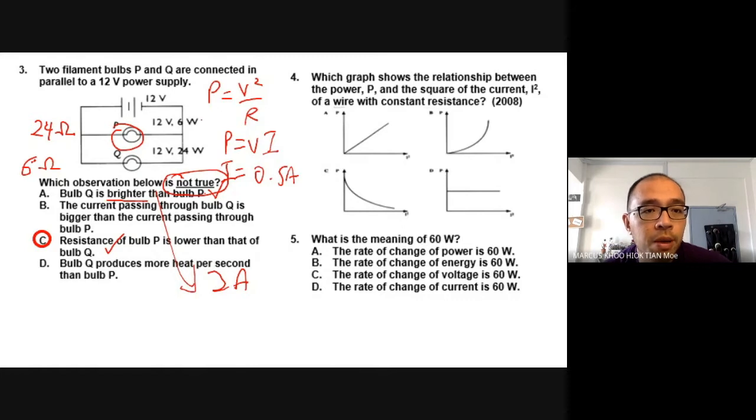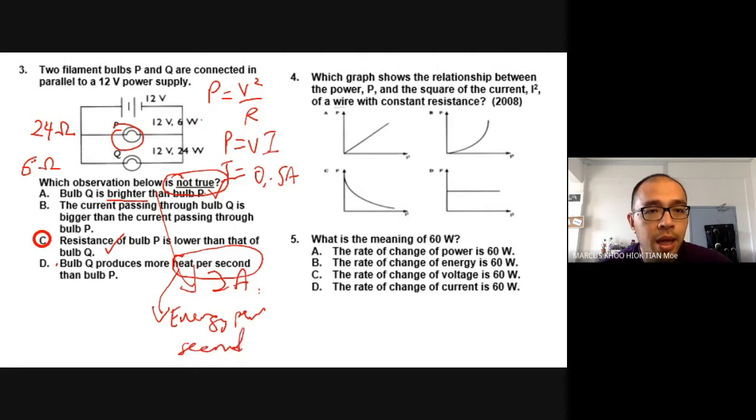The current passing through bulb Q is bigger than the current passing through bulb P, which is also correct. This is 2 amps and this is 0.5 amps. Bulb Q produces more heat per second than bulb P. This is the one that we were thinking of. More heat per second means energy per second.